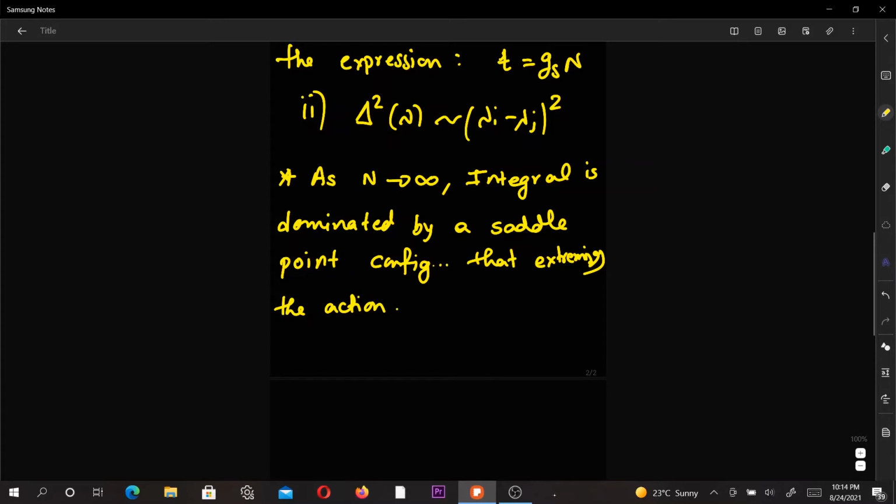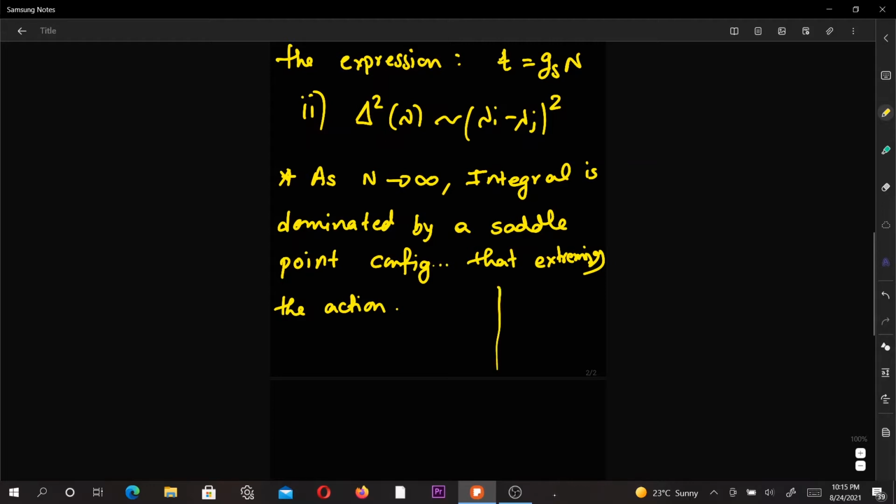That is, if you vary the action around a certain point, the variation of the action is zero.